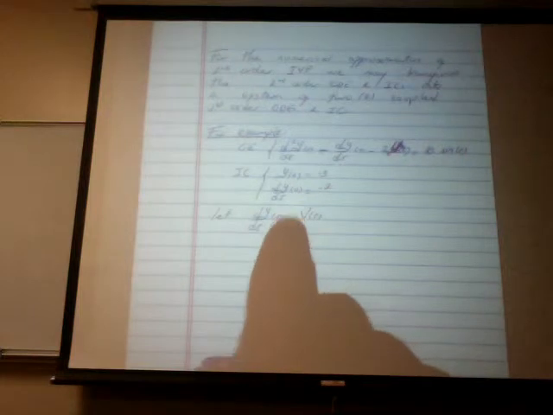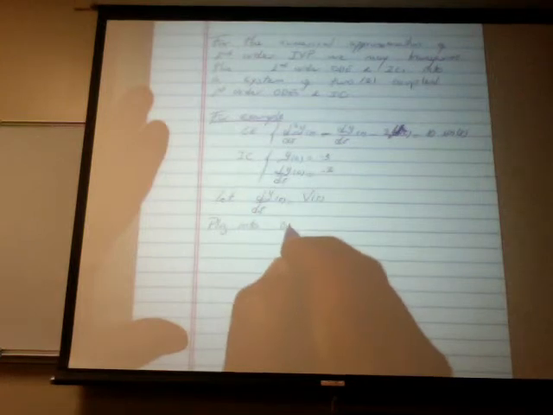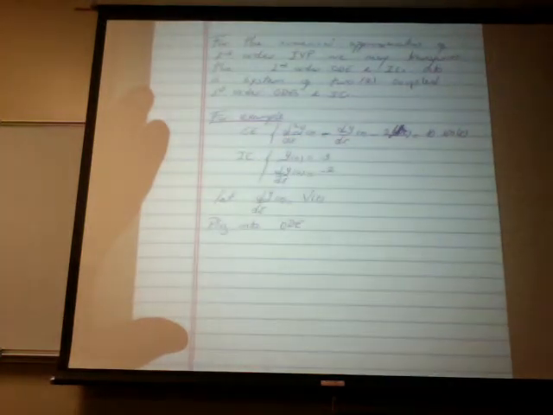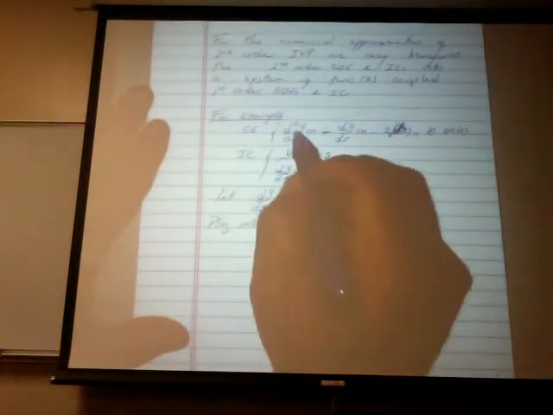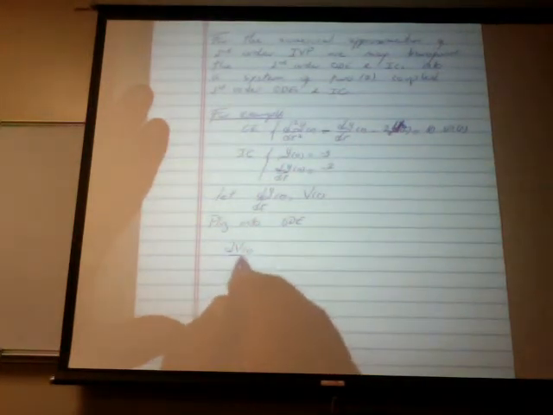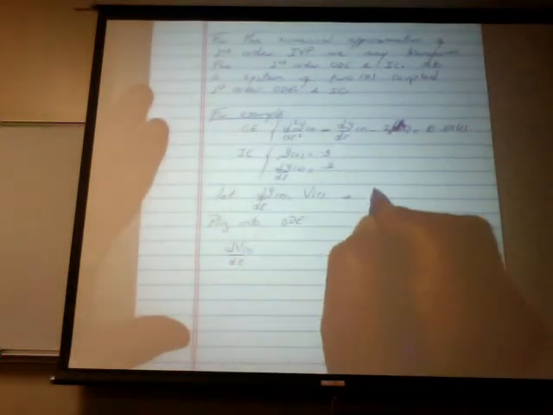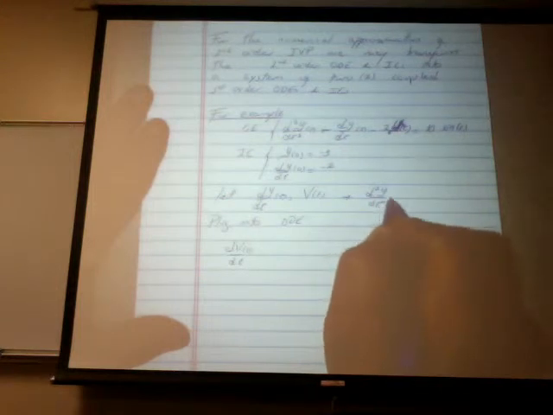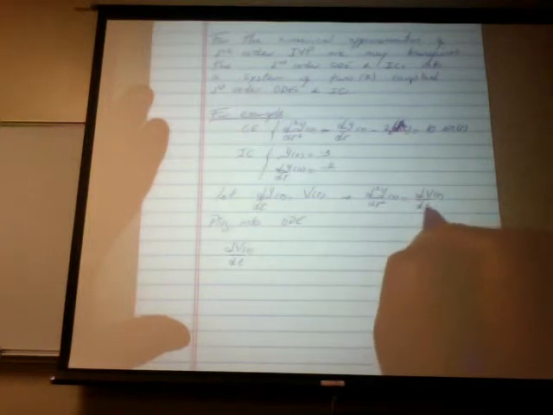We don't know y, and therefore we don't know dy/dt. So if dy/dt is equal to v, then the second derivative of y with respect to t squared is equal to dv/dt.